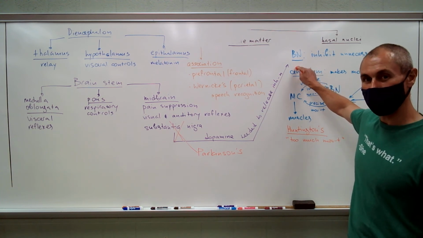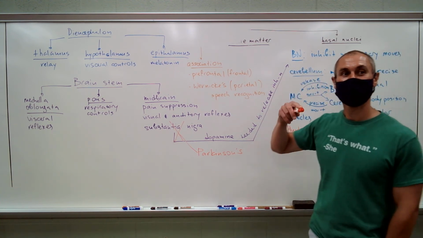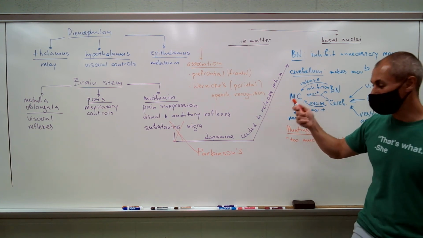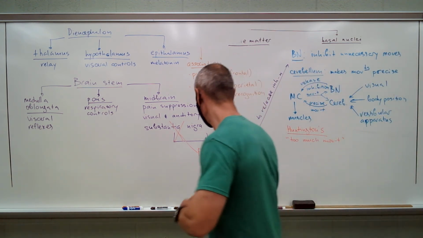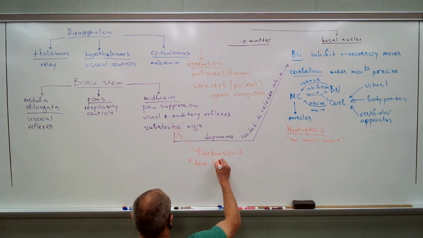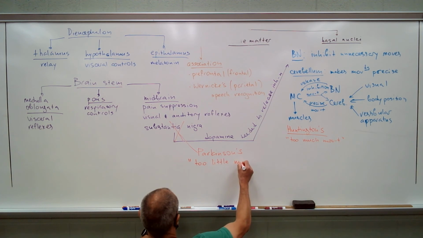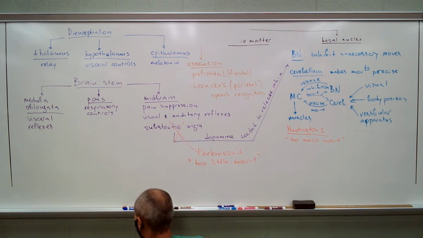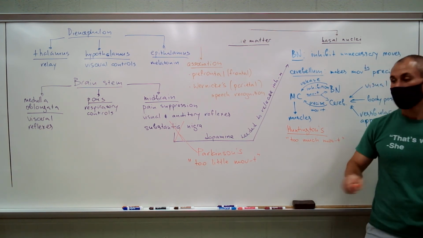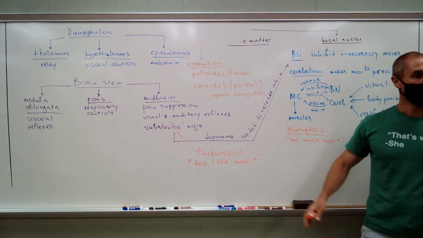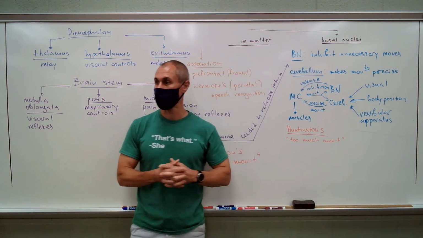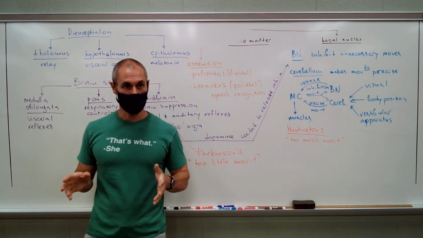So basal nuclei cannot do what? It can't release inhibition, and your muscles stay inhibited. So Parkinson's is sometimes referred to as too little movement. Okay? Too little movement. So people's movements are repressed, inhibited all the time. Are you following me here?